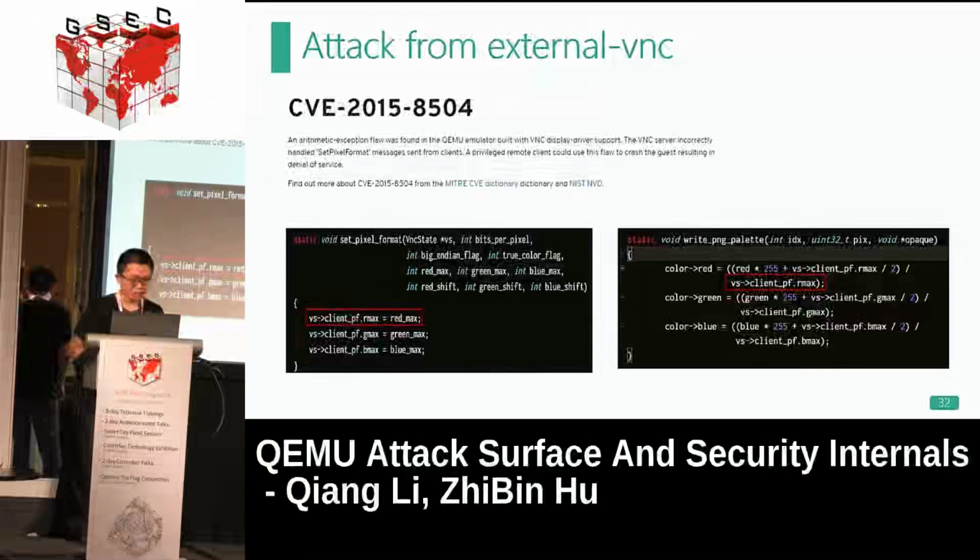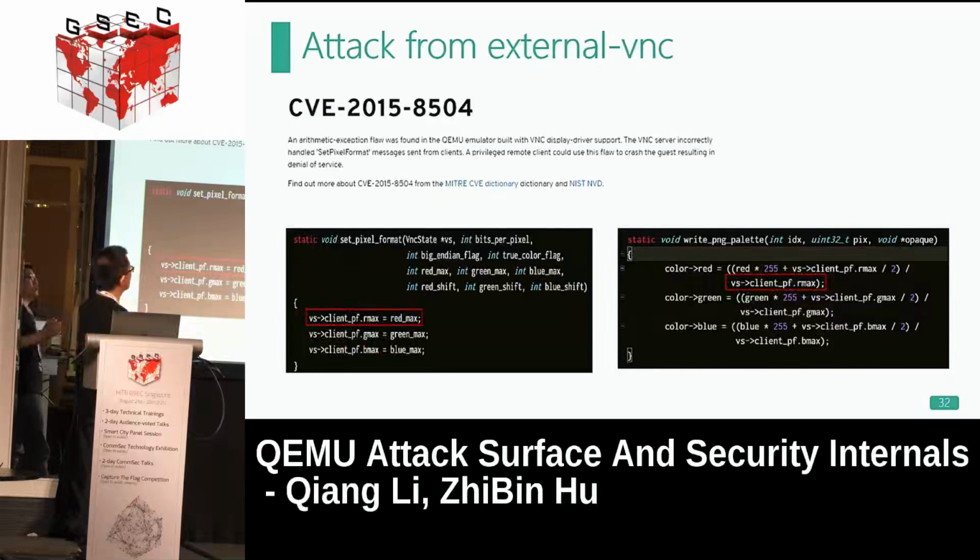So this is an example of a VNC vulnerability. As we know, the protocol contains data exchange. This vulnerability occurs when the remote client sends a set pixel format message to the server, and in the QEMU part, it just uses this data with no check.